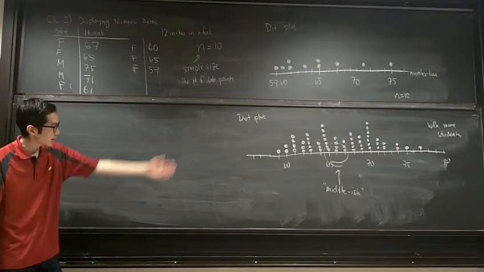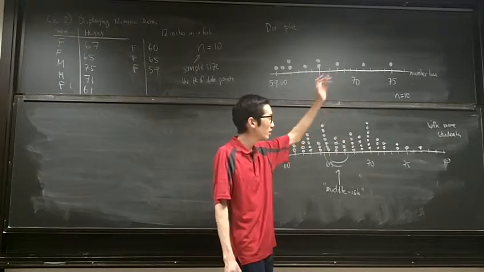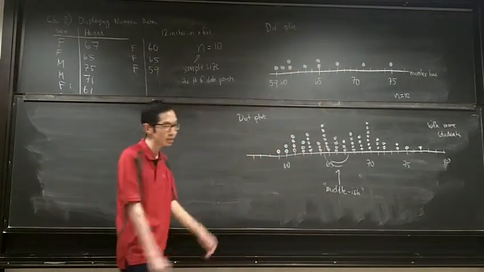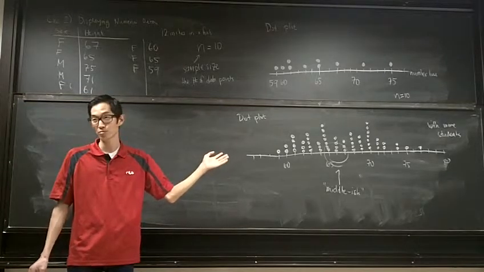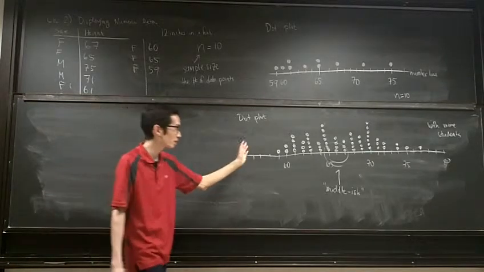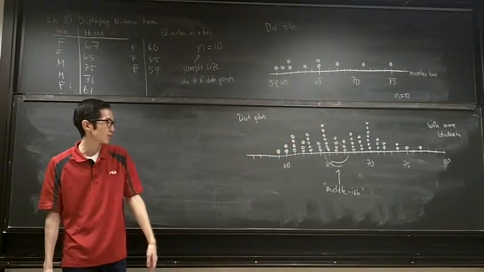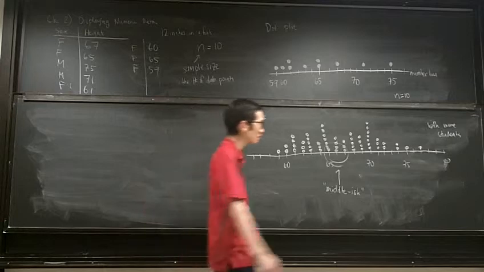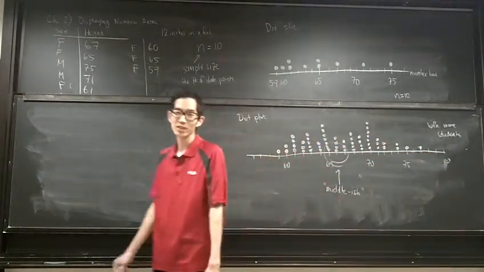But if you saw this, and then you said, the other day I saw someone who was 83 inches tall, you'd be like, wow, that's tall, because everybody in this class was nowhere near that. 83 inches, that's way out here. 83 is what? 6 feet 11.